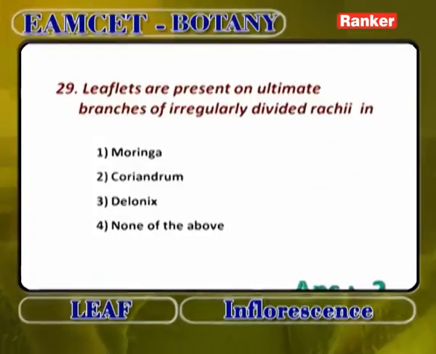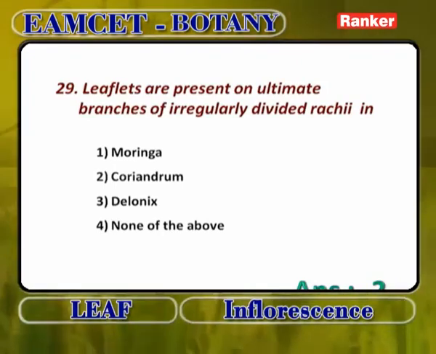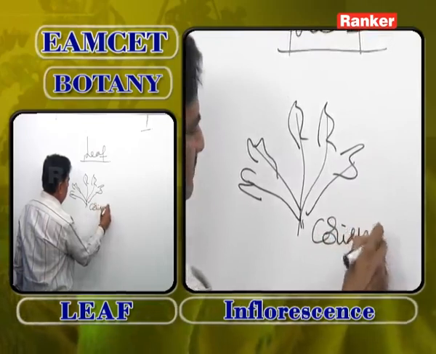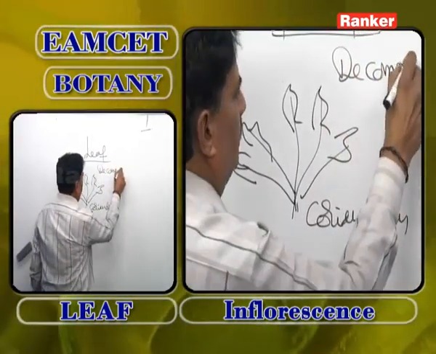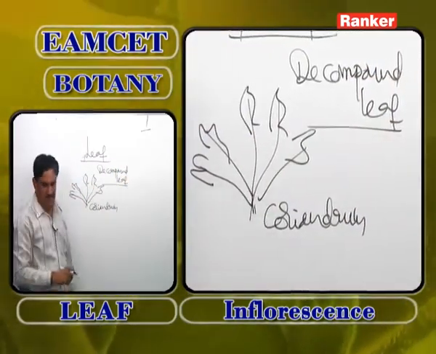Then leaflets are present on ultimate branches of irregularly divided rachis. Leaflets present on ultimate branches means it is very much branched and very much dissected, with leaflets present at the tip. For this the answer is Coriandrum. This is also very popularly called decompound leaf.